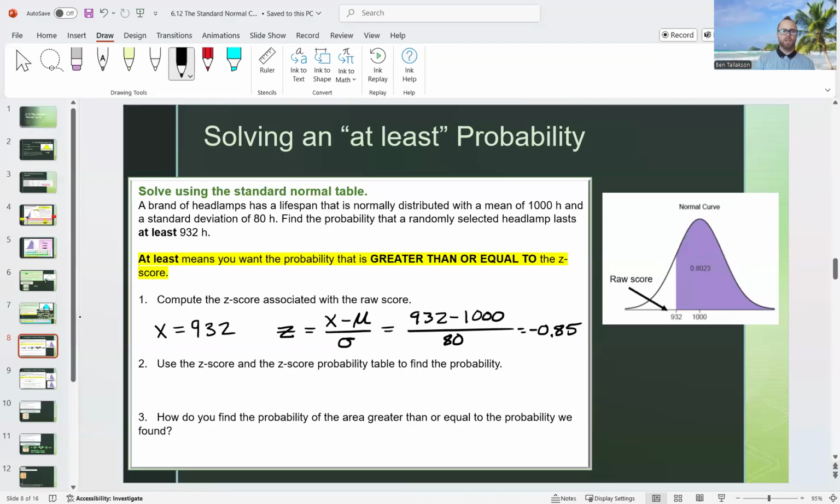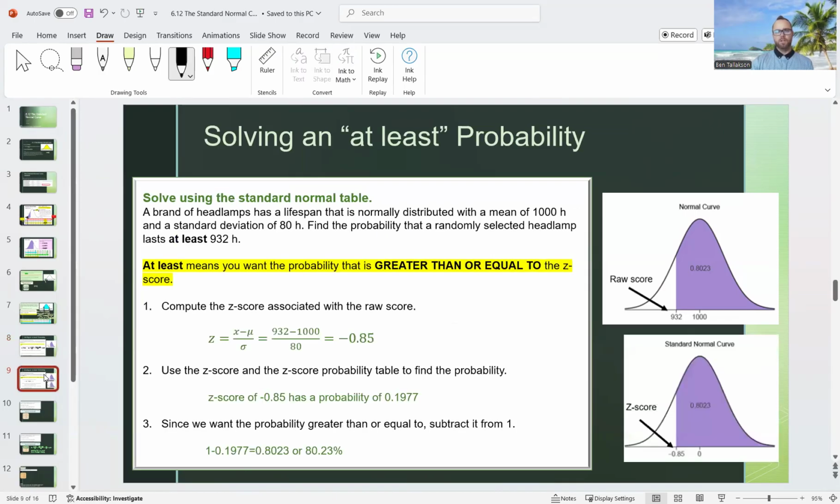Matter of fact, go ahead and answer 2 and 3 for yourselves. And I'll show you in a second. Okay. So that z-score relates to the probability of 0.1977.